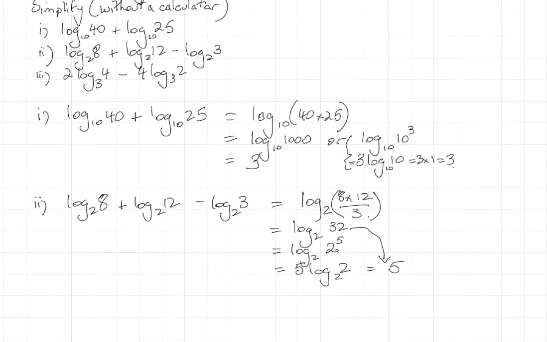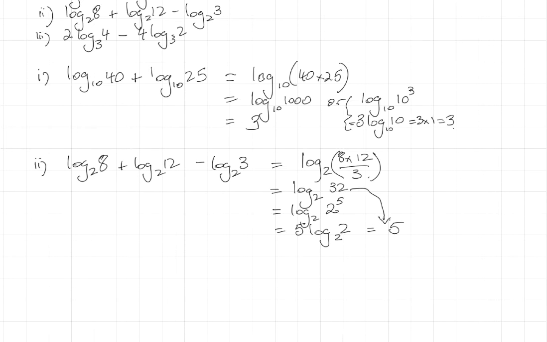Third one. So we've got 2 times the log of 4 to base 3 minus 4 times the log of 2 to base 3. So we're subtracting, so it means we must be dividing.